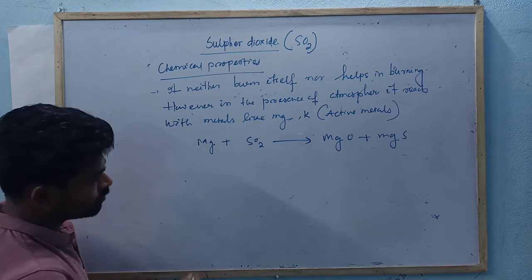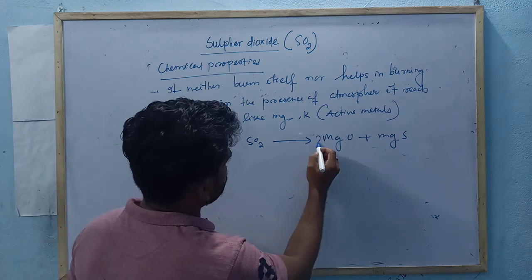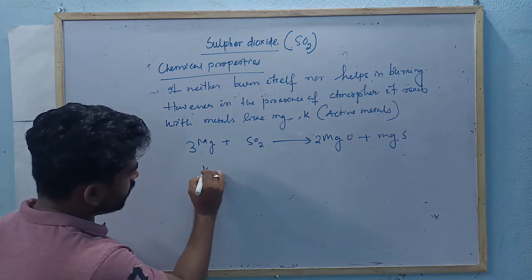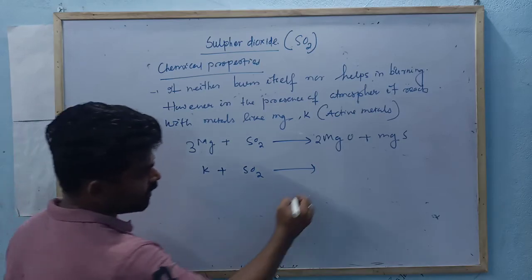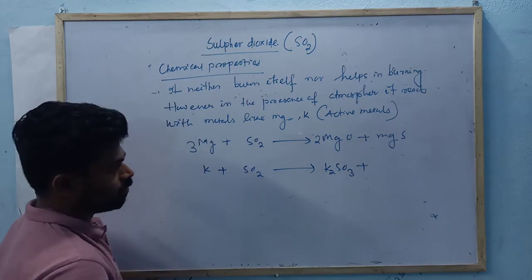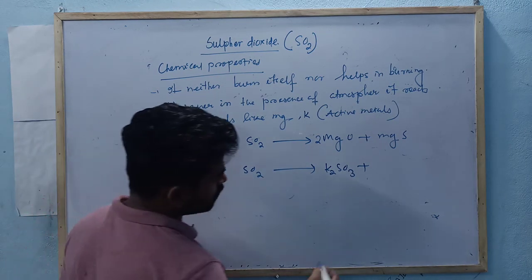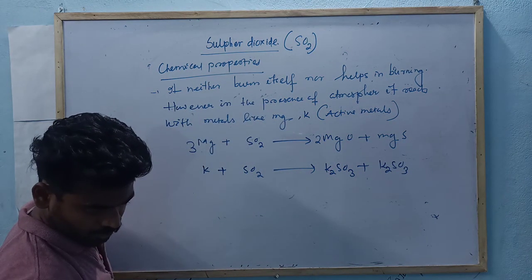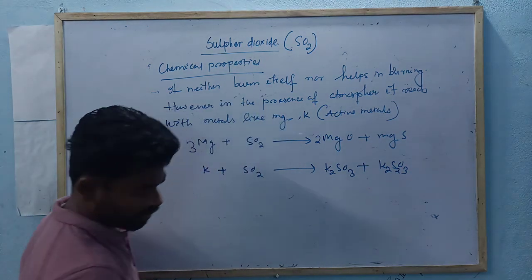So here you can see 3 and here that is 2. This is the equation. And with potassium, K plus SO2, then it will form K2SO3 plus the corresponding product.